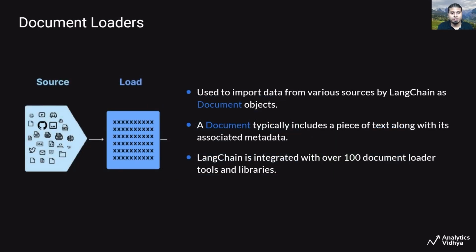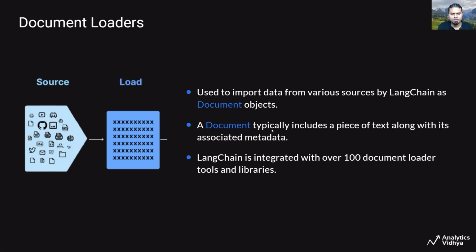So let's understand what are document loaders. Document loaders are typically used to import or load up data from various sources by LangChain as document objects. Now, typically that means if you have PDFs, Word documents, PowerPoint presentations, the idea is to use document loaders to extract typically the text content from these documents and load them up as a LangChain document object.